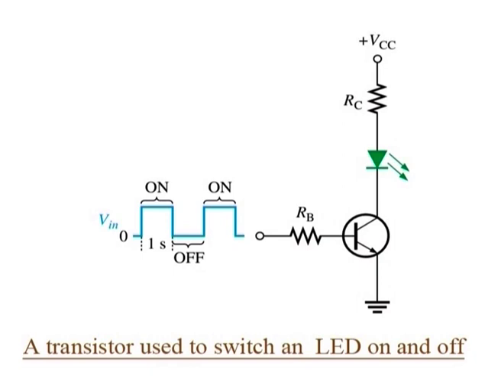When the square wave is at 0 volts, the transistor is in cutoff, and since there is no collector current, the LED does not emit light. When the square wave goes to its high level, the transistor saturates. This forward biases the LED, and the resulting collector current through the LED causes it to emit light. Thus, the LED is on for 1 second and off for 1 second.